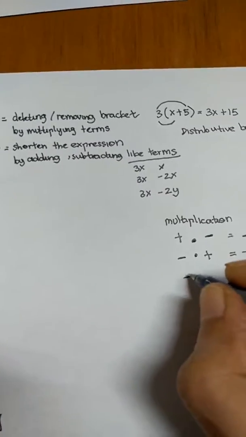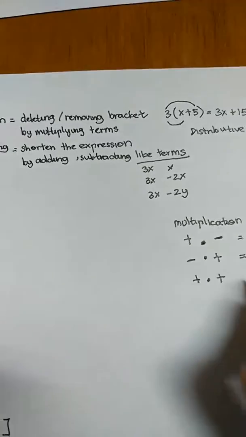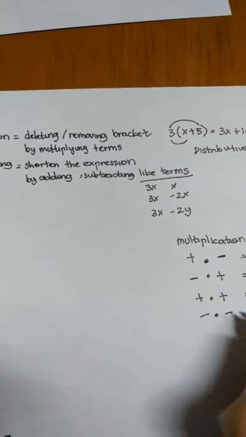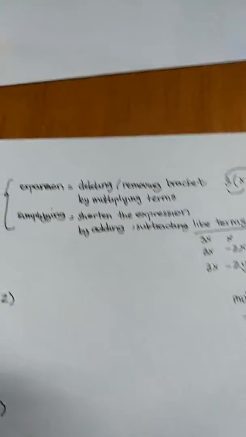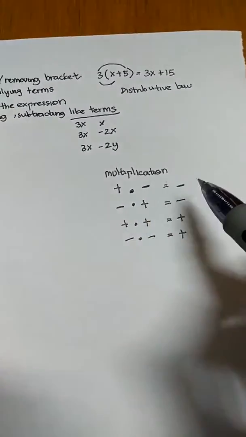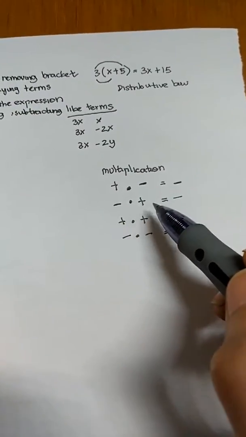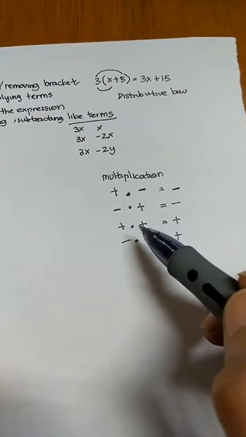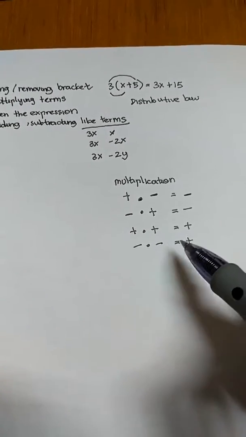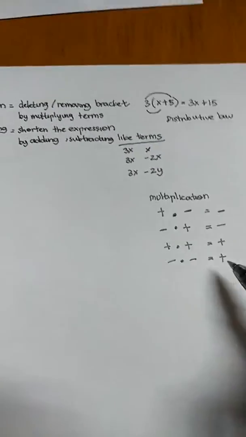If it's plus times plus, that will be plus. And negative times negative will be plus. You need to remember this. Plus times negative, negative. Negative times plus, negative. Plus times plus, plus. Minus times minus is equal to positive or plus.